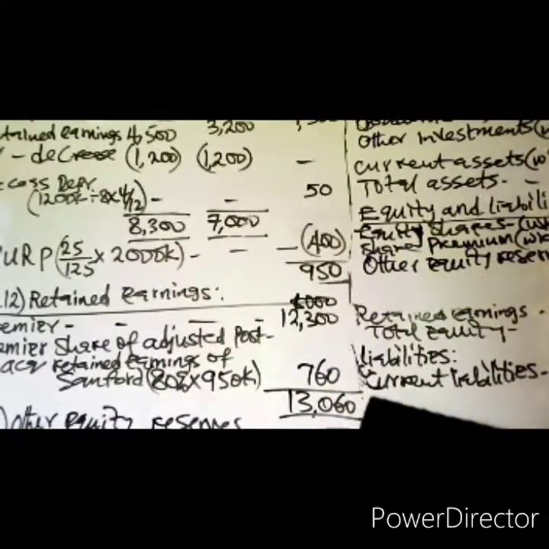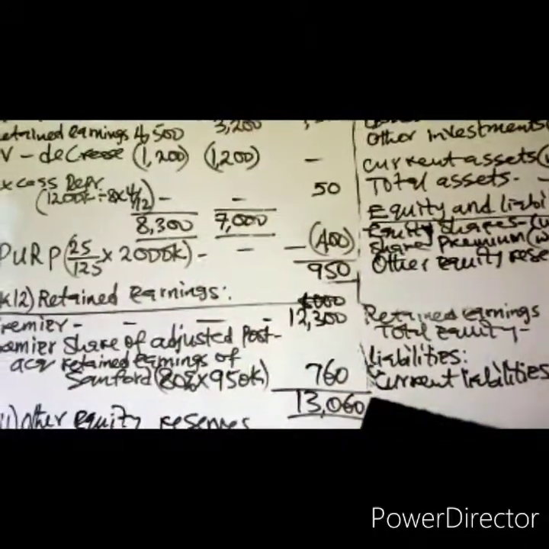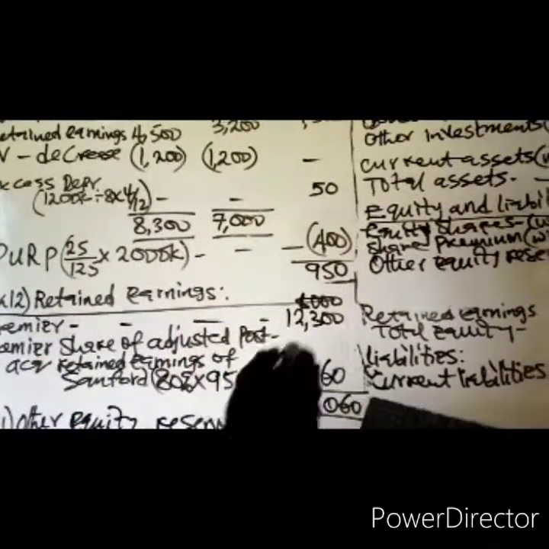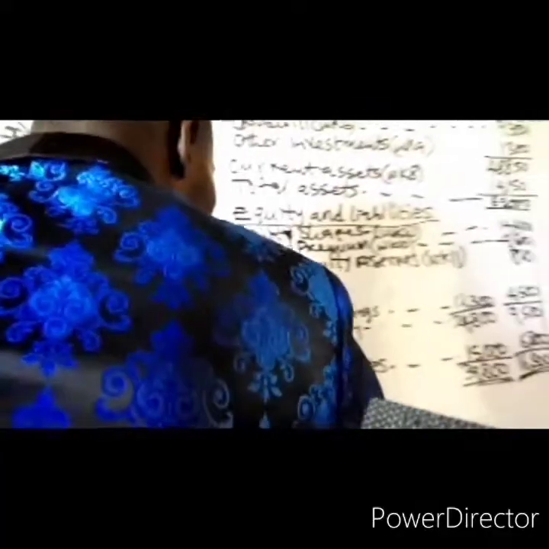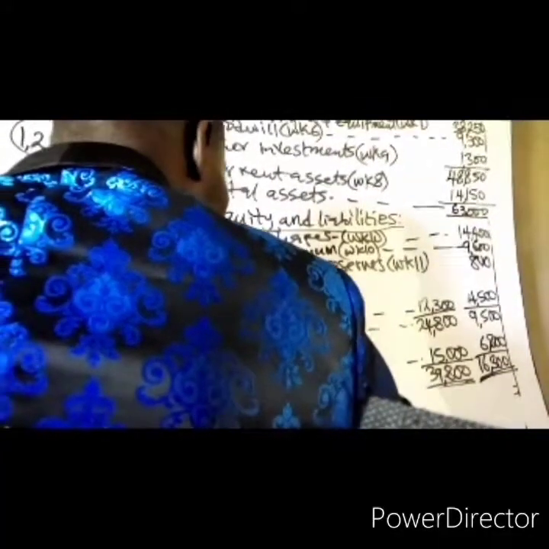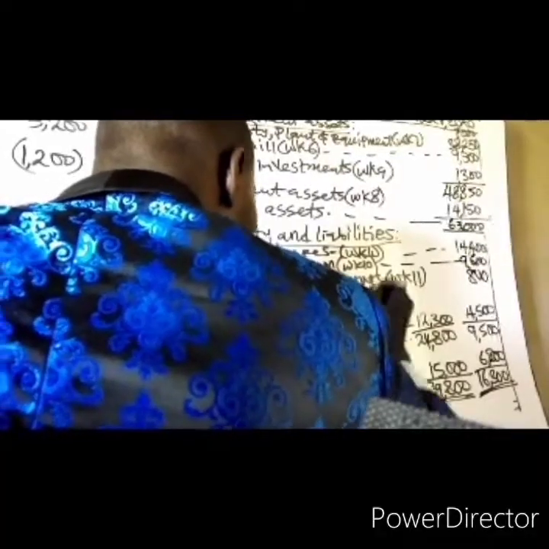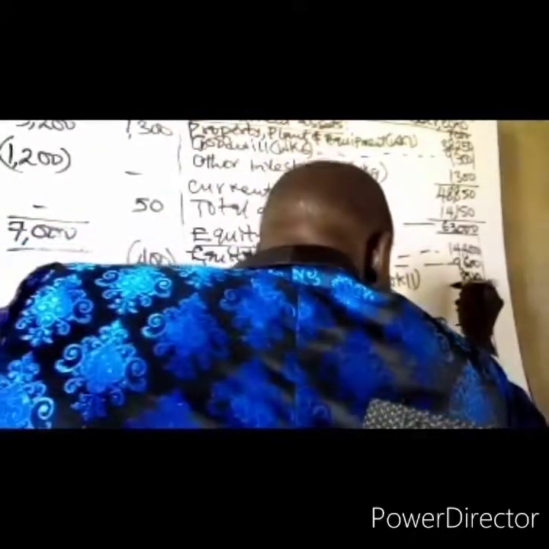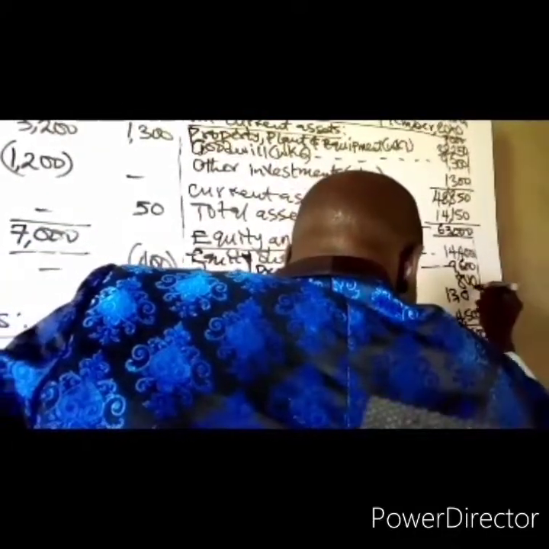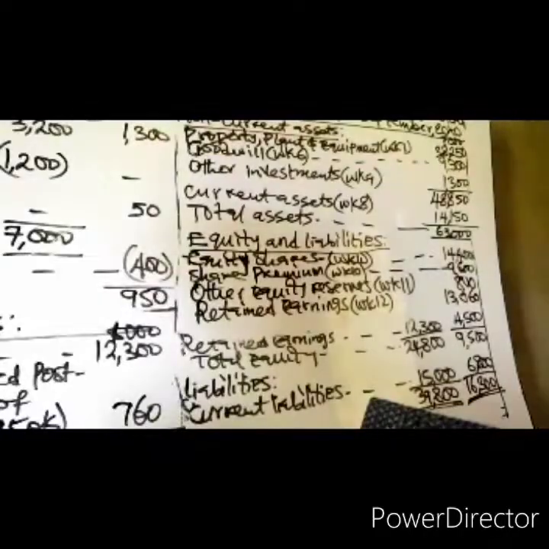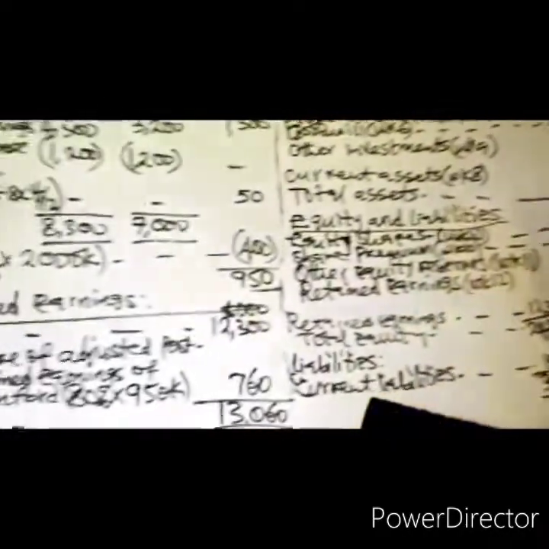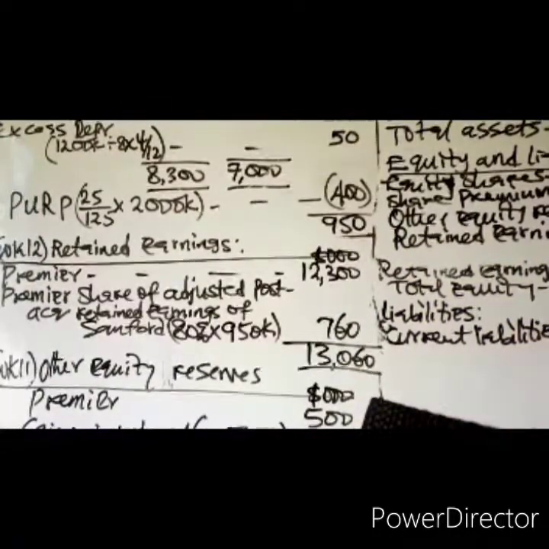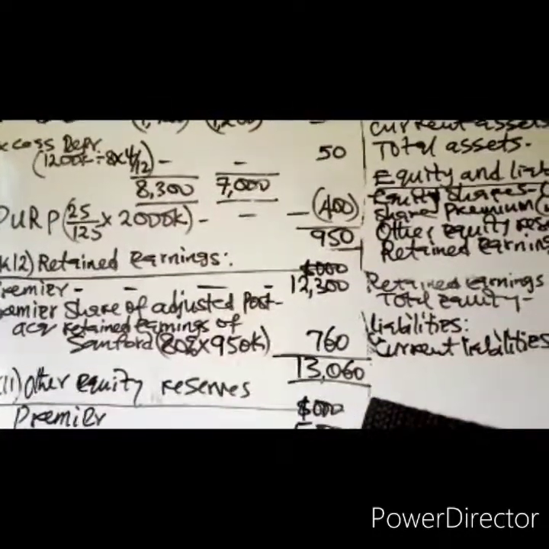That is the amount of retained earnings that will appear in the consolidated statement of financial position. So we have retained earnings. That is working 12, and it is 13,060 as calculated.